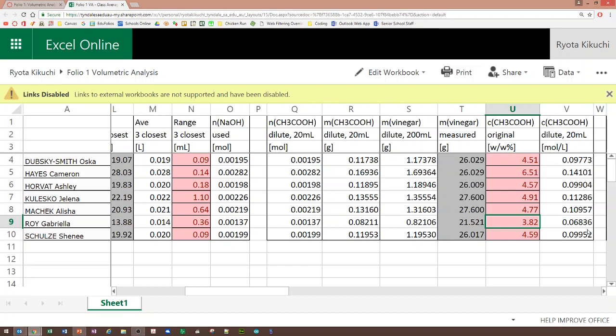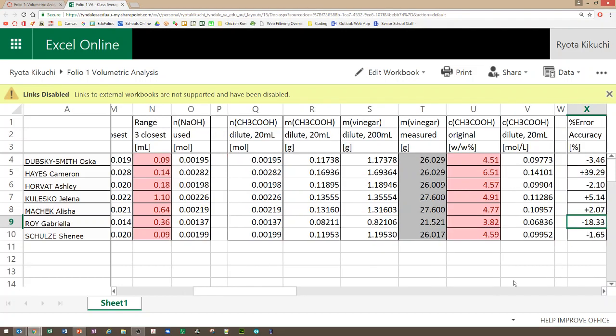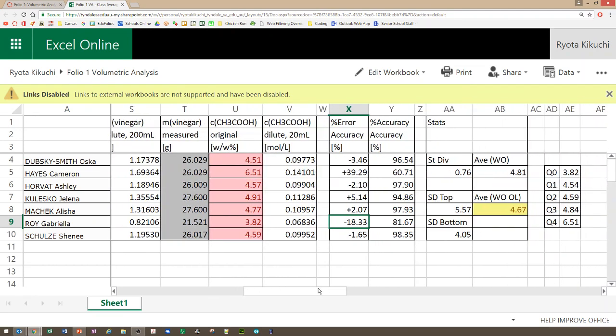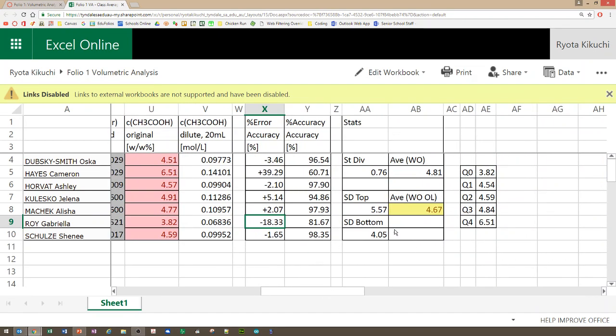Whether that's going to be considered an outlier can be calculated if you look at the stats here. Now, I did the standard deviation calculation here. So the average with outlier was 4.81, which is the average of all these. Hope you're following.